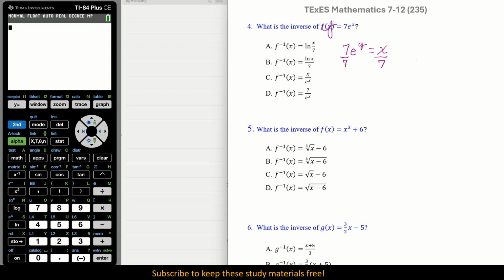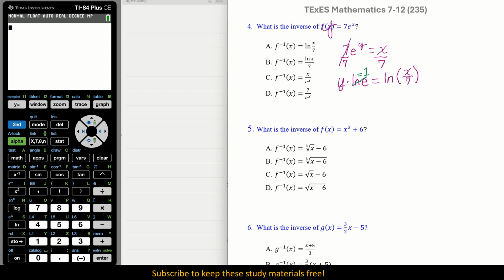And now this is 1. So now I will actually apply the natural log to both sides. So what do I get? I get y times the natural log of e equals the natural log of x over 7. And the natural log of e equals 1, so it's gone.